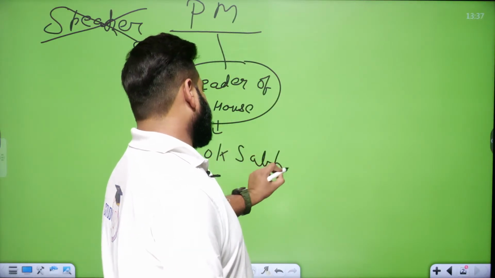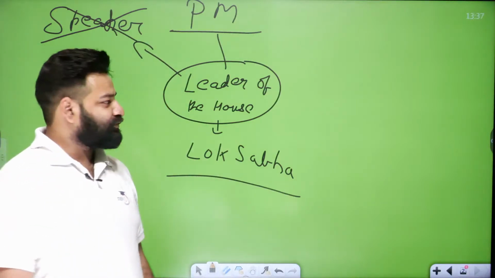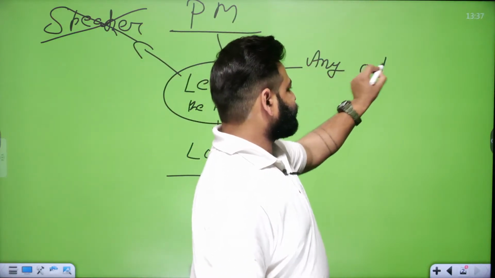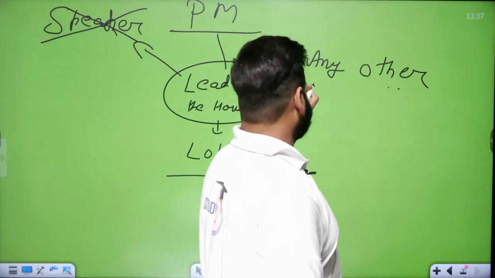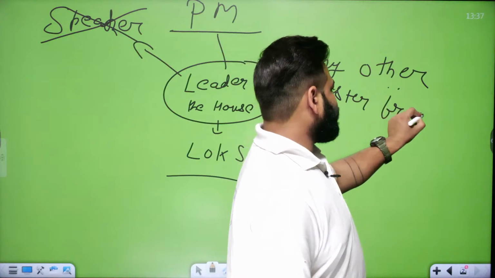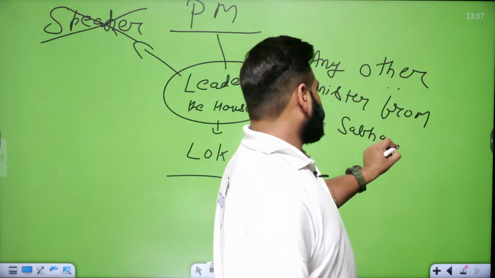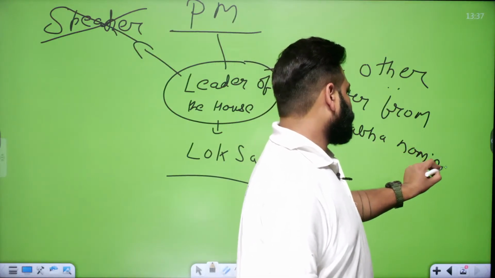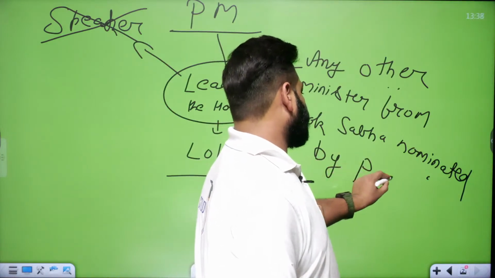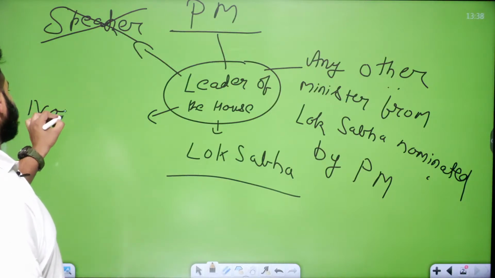In case the Prime Minister doesn't want to perform the role of the leader of the house, then it could be any other minister from Lok Sabha only, nominated by the Prime Minister. Is this particular thing mentioned in the constitution? Nowhere.